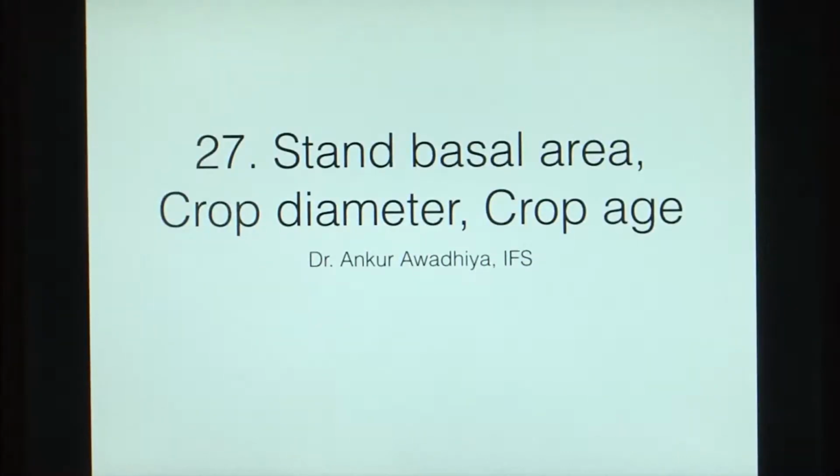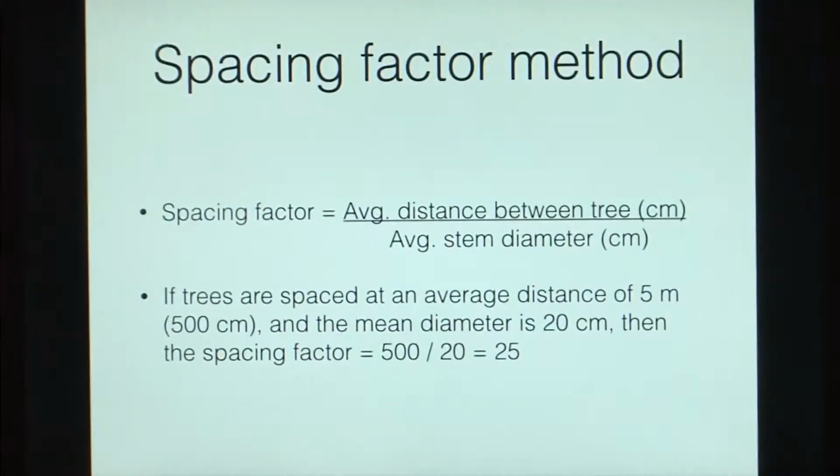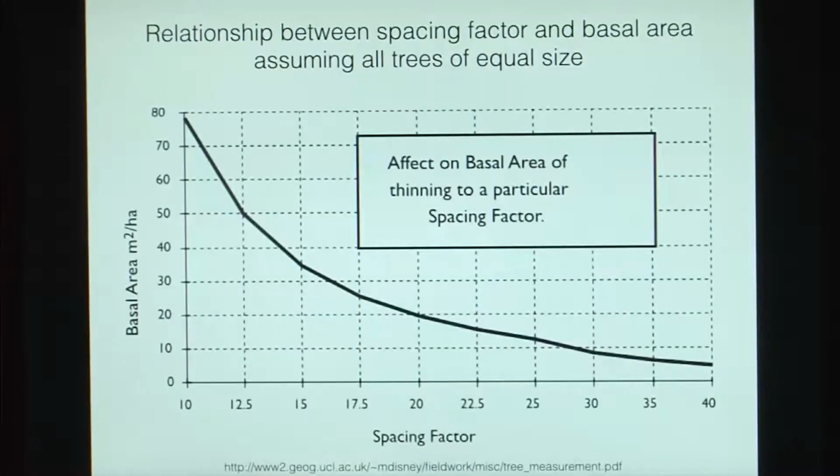Next we looked at the other two methods of calculating the stand basal area, and also looked at crop diameter and crop age. So, in the case of the spacing factor method, the spacing factor is given by the average distance between two trees divided by the average stem diameter, and we saw this theoretical construct in which the spacing factor is related to the basal area of the stand.